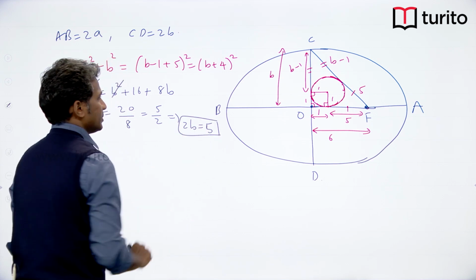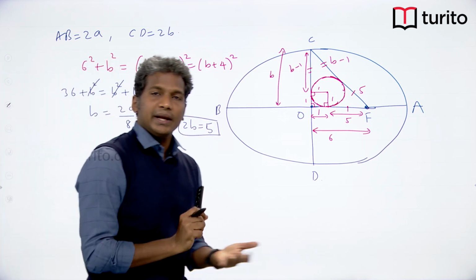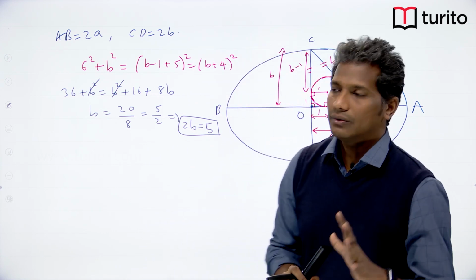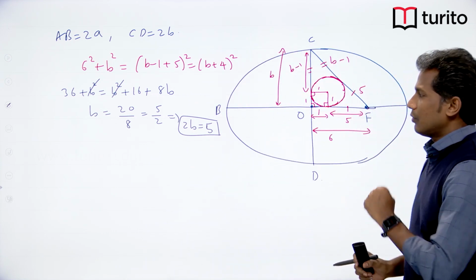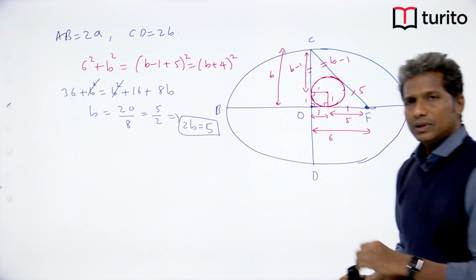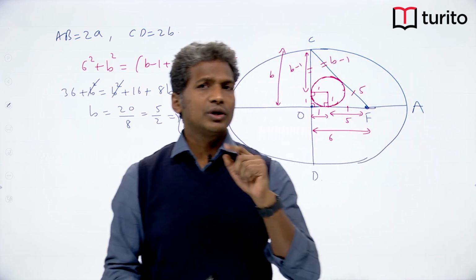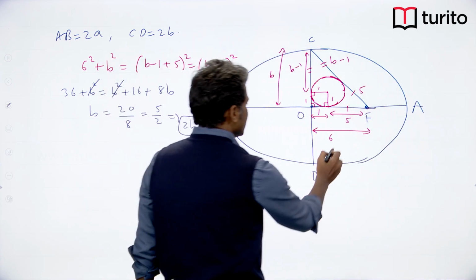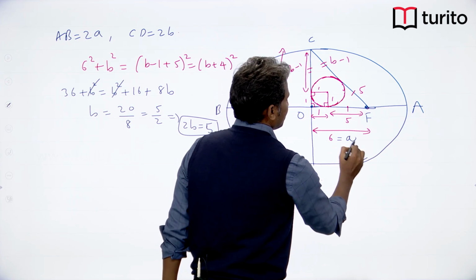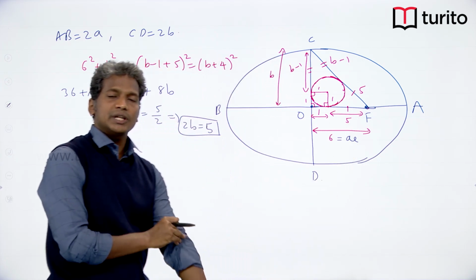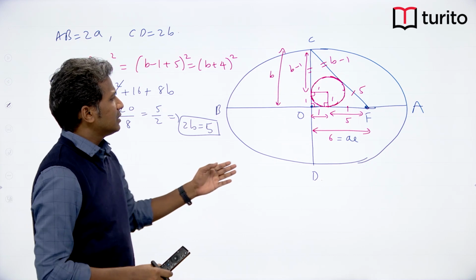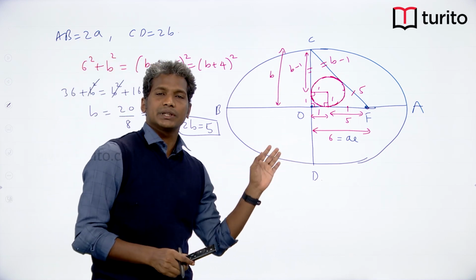So we got one piece of information here. Now we need A. We got 2B, that's fine. We now need 2A. So how do we find A from here? There is one more piece of information which we have not used fully, which is AE. The distance from the center to the focus is AE, and AE must be equal to 6.